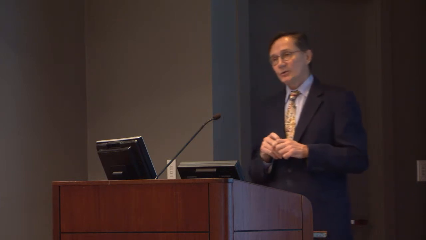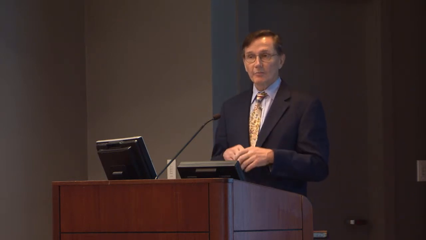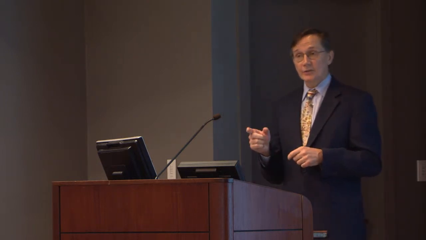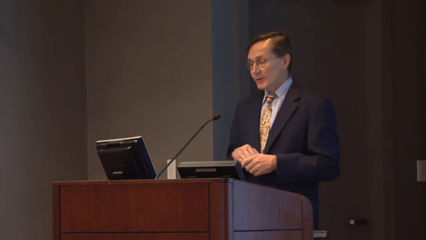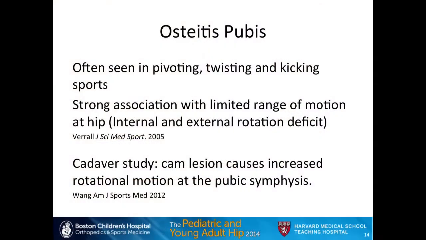Varel and his associates looked at decreased internal-external rotation motion at the hip, which was highly associated with osteitis pubis, and Wang did a nice cadaveric study where they looked at FAI and found that FAI had a high association with increased rotational forces that occur at the symphysis pubis. So you can see how this transmission of forces across the ring occurs with different abnormalities about the hip.